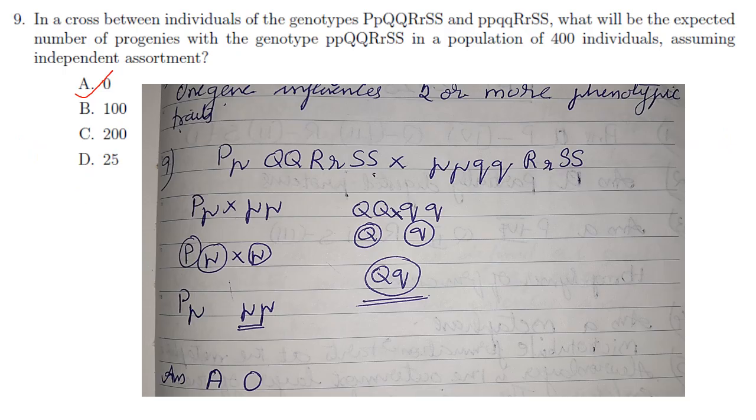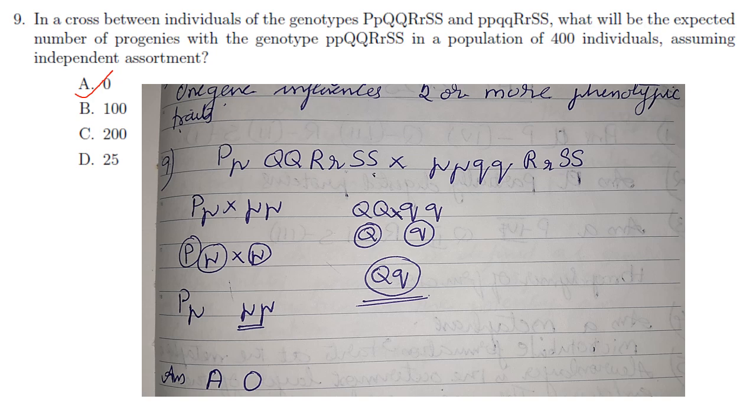Then next one. In a cross between individuals of the genotype PPQQRRSS and PPQQRRSS, what will be the expected number of progenies with the genotype small p, capital Q, capital R, small capital S in a population of 400 individuals assuming independent assortment?